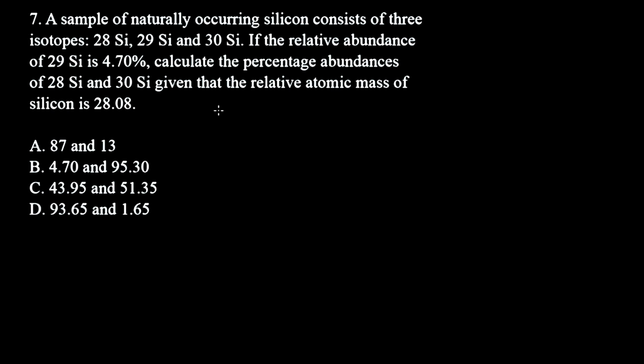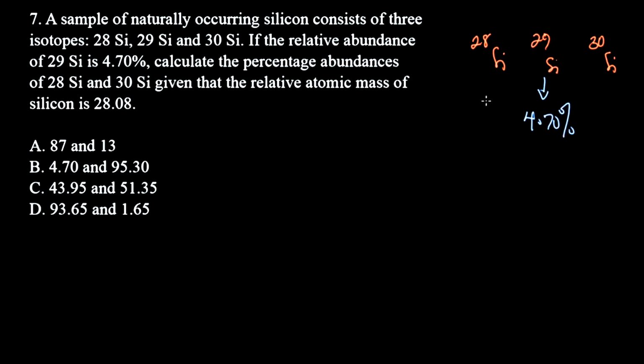Let's look at this question. The sample of naturally occurring silicon consists of 3 isotopes: silicon-28, silicon-29, and silicon-30. The abundance of one is 4.70%.